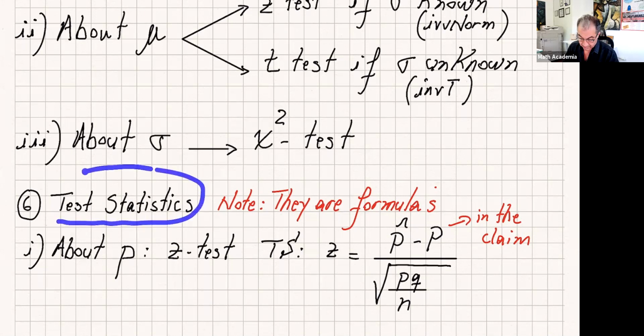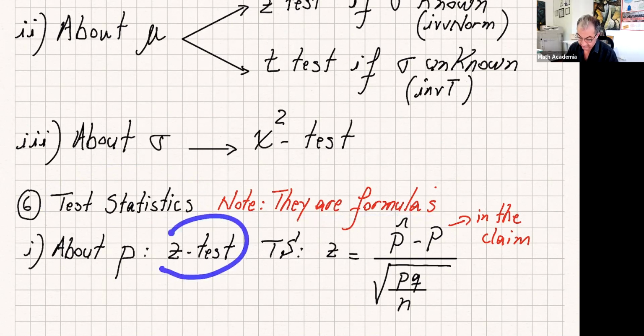Next step, step number 6, is calculating the test statistics. Note the test statistics are formulas. If the claim is about the population proportion, it's a z-test. So the test statistics is a z-value.